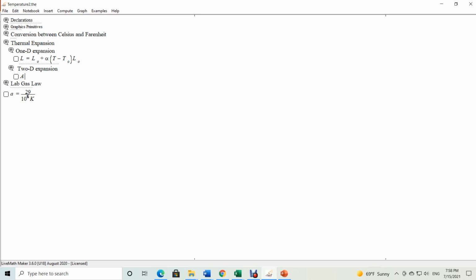So the initial area is going to be given by A times B. The final area is going to be what?